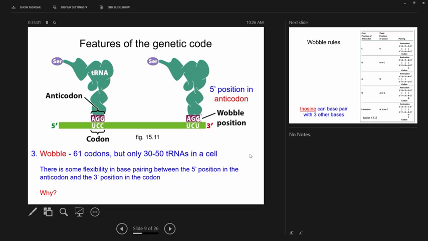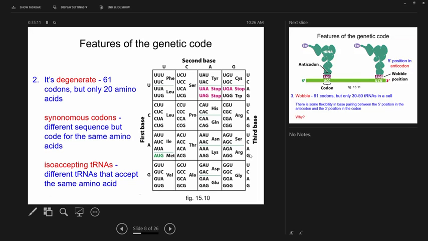It turns out that in most cells, I think in all organisms, they have a bias for which codons they want to use. Yes, all of these can code for leucine, but if you look at E. coli or humans or whatever, and you look at all the proteins they make and look at all the times leucine is coded for, 90% of those is going to be 1 or possibly 2 shared of these codons, and the other 2 are almost never used.